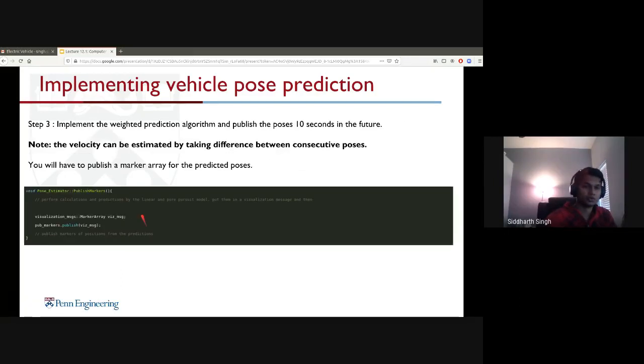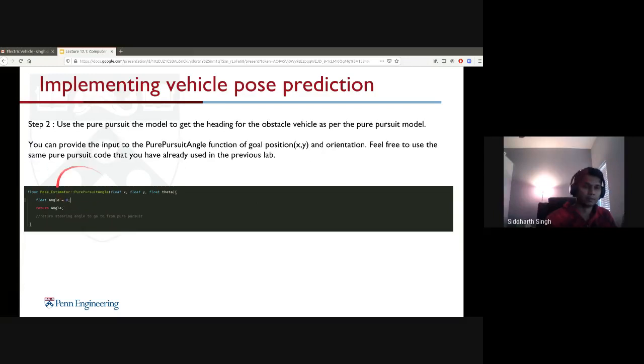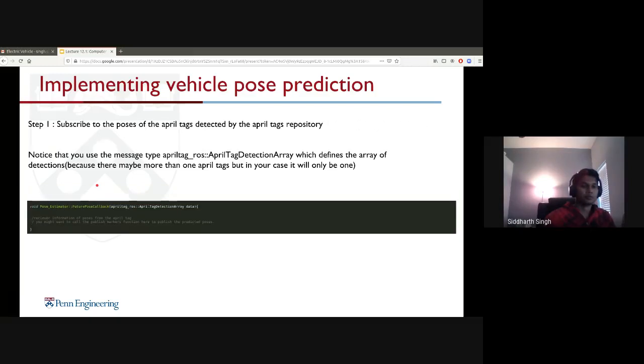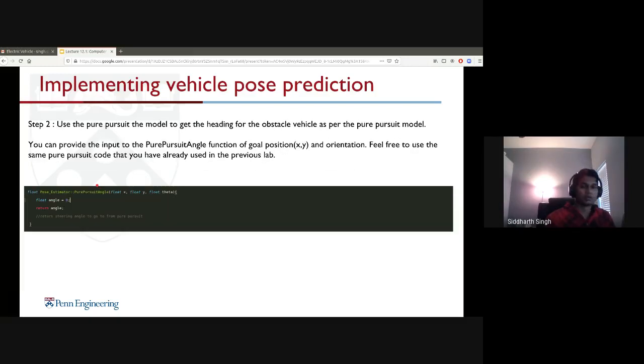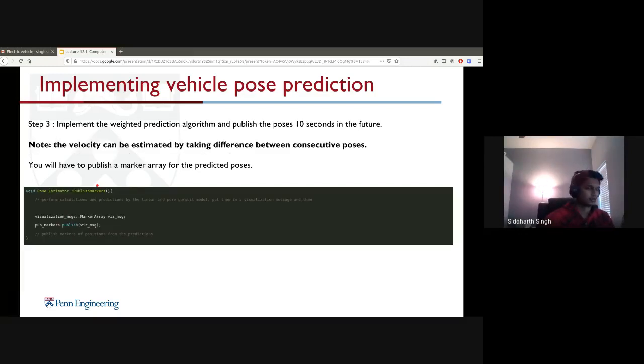So you would need the pure pursuit angles that we calculate through the pure pursuit algorithm. Those angles go in the future callback, finding particular poses in the future, and then you publish that as a visualization array. You have to perform the calculations and the predictions, and then visualize the poses that you find.